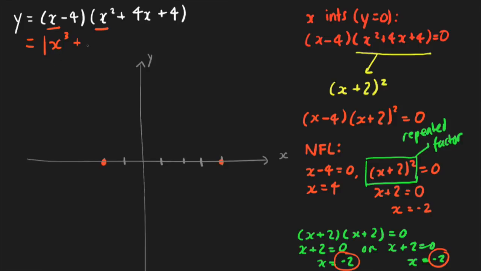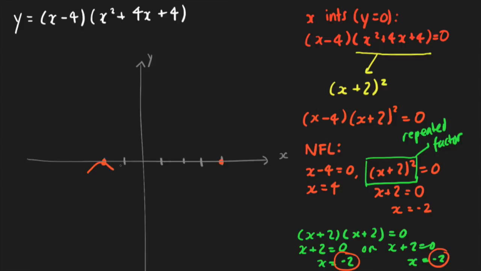And then you're going to get some other terms there, but we're only concerned with the x cubed because that's the highest power here. And because that's positive, we know that the graph is eventually going to go upwards like that, not downwards, right?